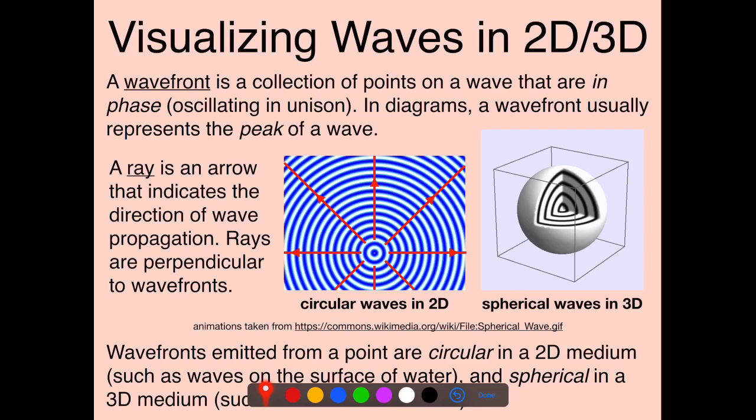So what's being shown here with these red arrows are the rays. Again, the rays indicate the direction of your wave propagation. The waves should be moving out in all directions away from that source. So that's what's happening here. On the other hand, your wave fronts are these white lines, these white circles. And again, what those represent is a bunch of points on your wave, points in the pond, in this case, that are all hitting the peak at the same time.